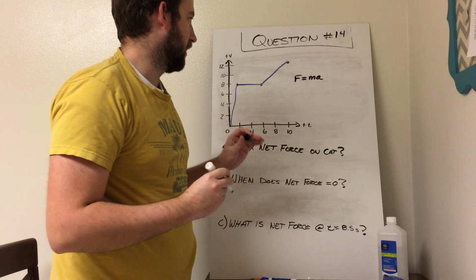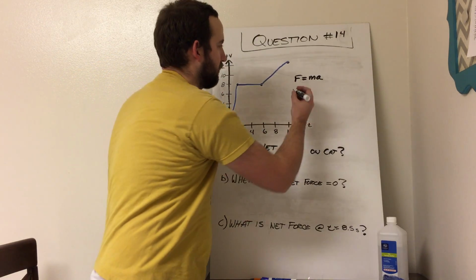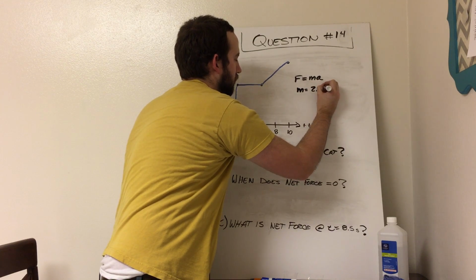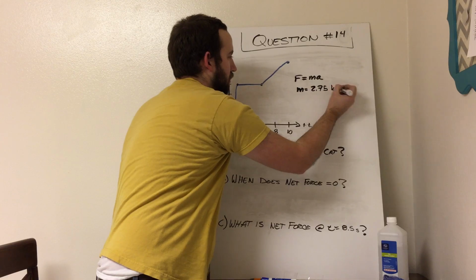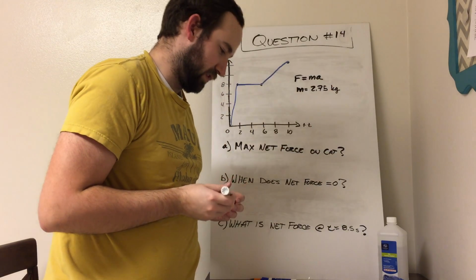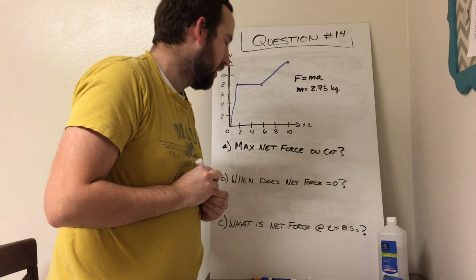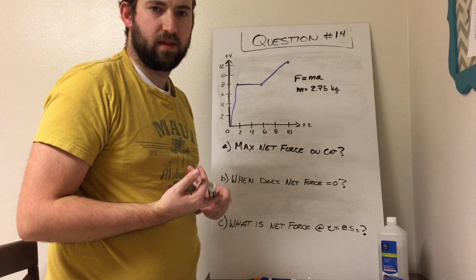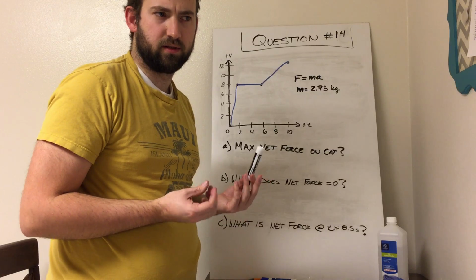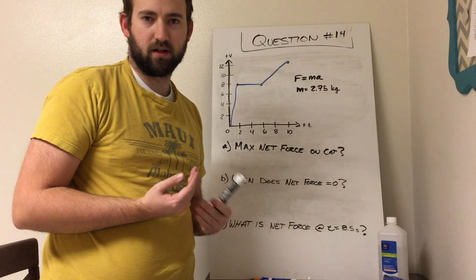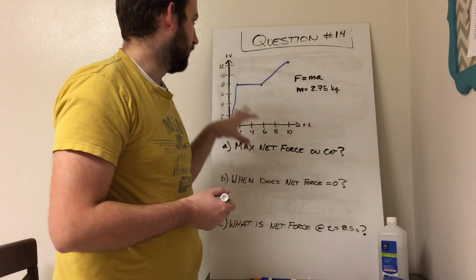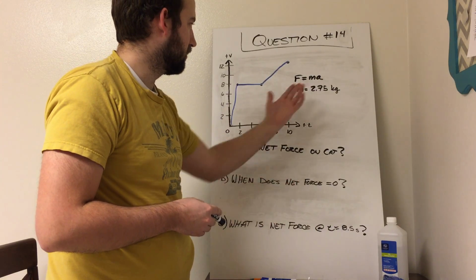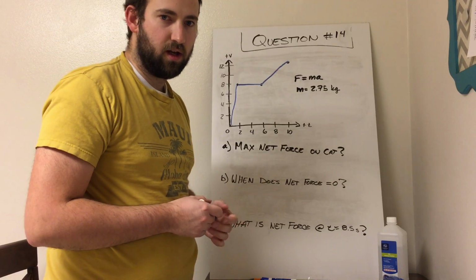The problem gives us the mass of the cat, which is 2.75 kilograms. So what we're really looking for is the change in acceleration, because the mass of the cat is not changing within this scenario. The only thing that changes is the acceleration.